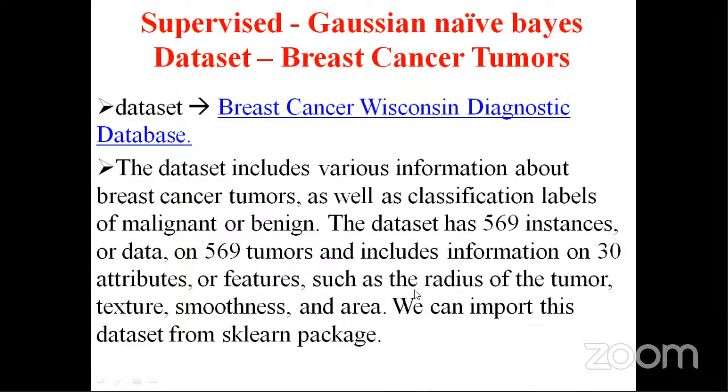Based on the tumor, there are parameters like the radius of the tumor, texture and smoothness. This is another data set generally used on the internet to explain different algorithms and concepts. These are very basic data sets. Using these 30 parameters, you can apply your algorithm.